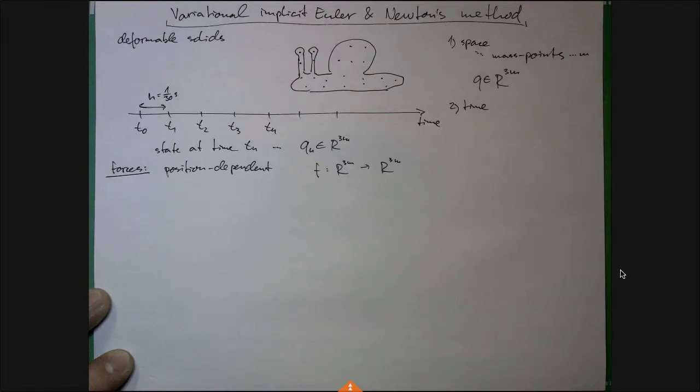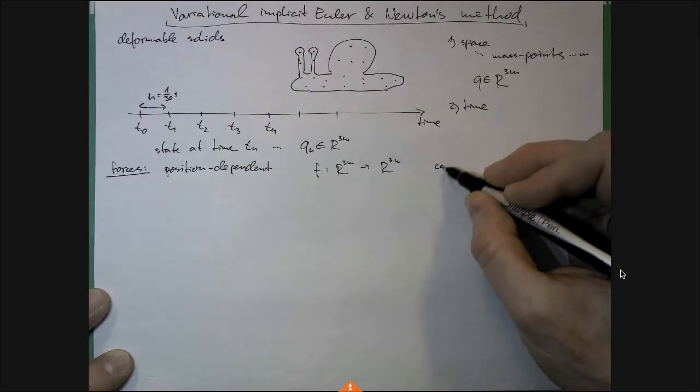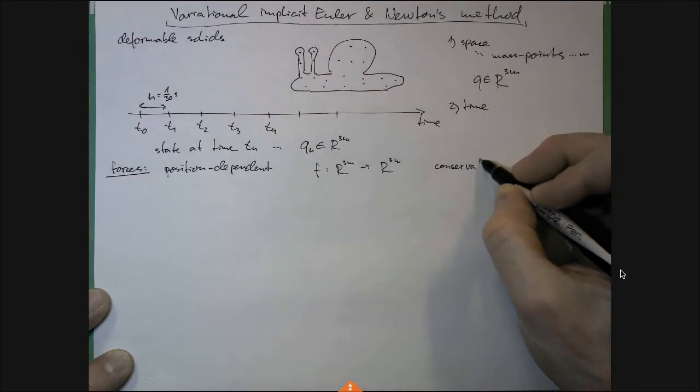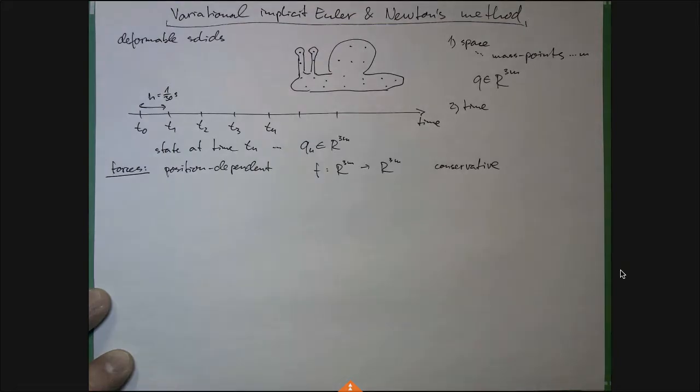Now we will assume that the forces are conservative. What does it mean that the force is conservative? That's this thing in physics, right? The work done by the force is the same if you move from point A to point B. Exactly, the work does not depend on the trajectory. And the consequence of this is that you can write the force using a potential.